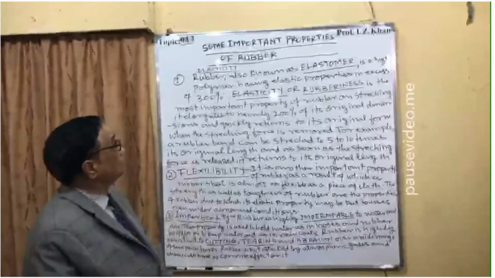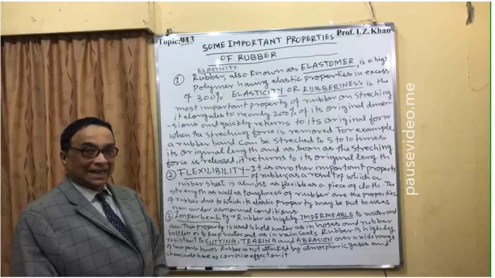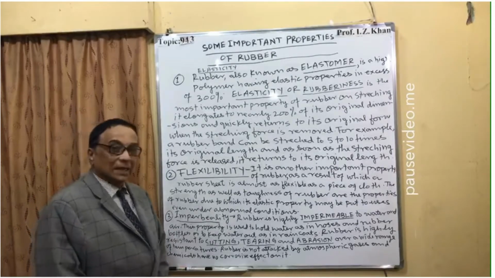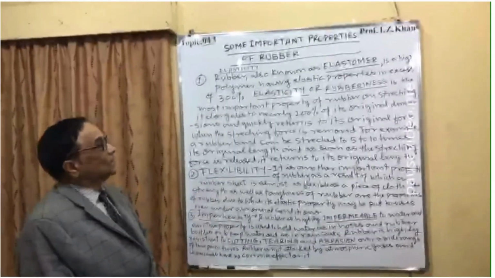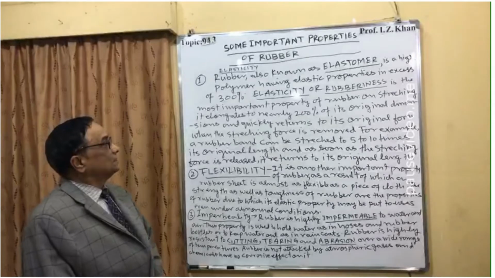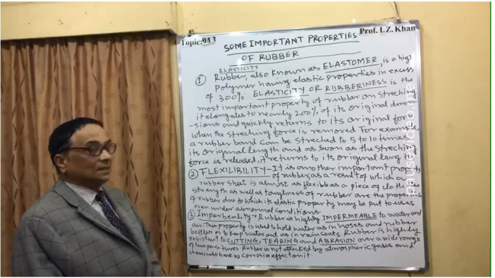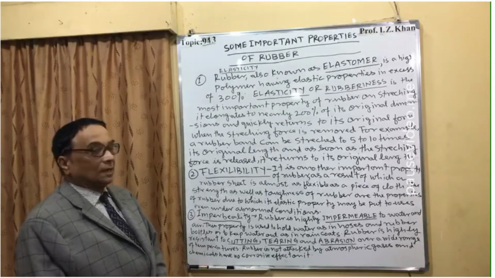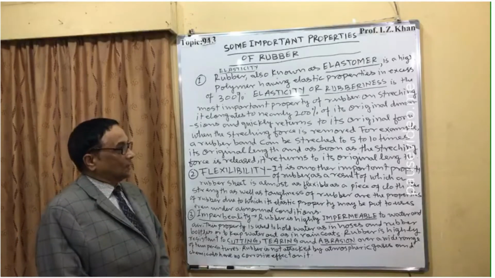So these are all properties I will be giving one by one. Number one, the first property, is called elasticity of the rubber. Rubber is also known as elastomer because of its elastic property. It is a high polymer having elastic properties in excess of 300%. Elasticity or rubberiness is the most important property of rubber.